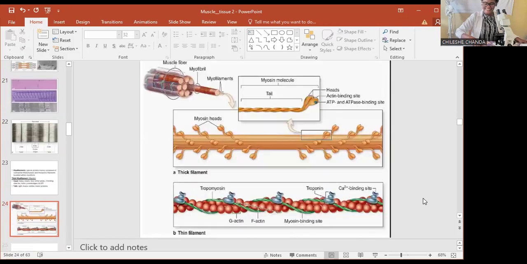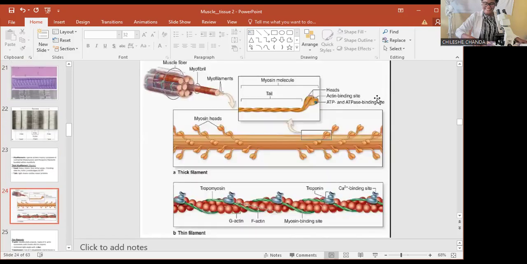When you look at this thick filament, it is made up of smaller filaments banded together. These smaller filaments banded together are myosin molecules. Only one of these myosin molecules is taken from here and magnified for you to see the tails here and the heads there. Okay, these are the thick filaments.